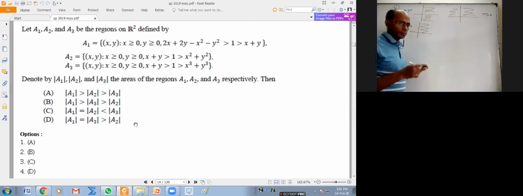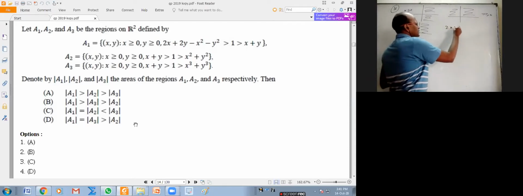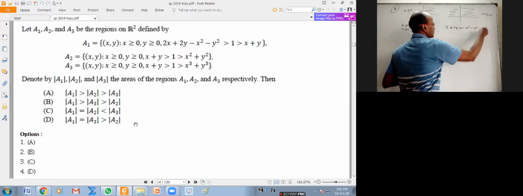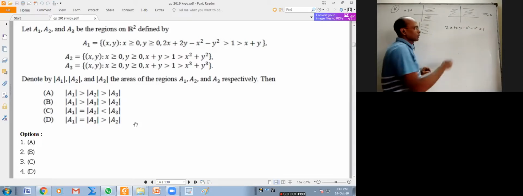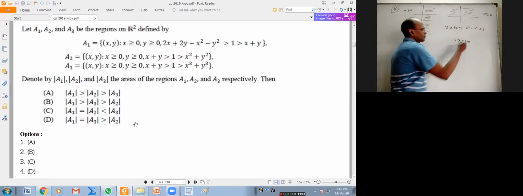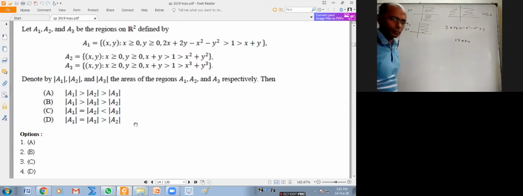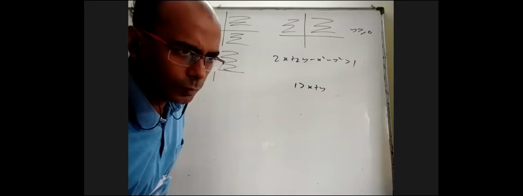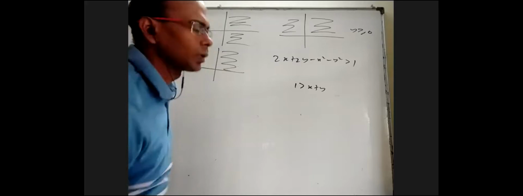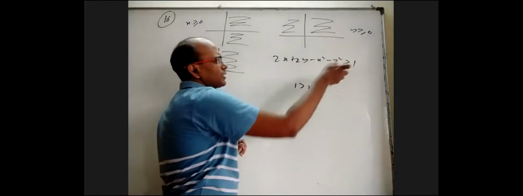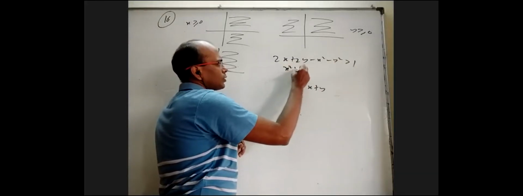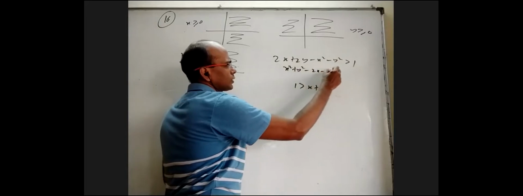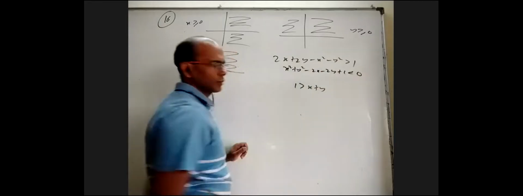Next, they gave some kind of inequality. I'm talking about A1. 2x plus 2y minus x square minus y square greater than 1. That is one thing. And 1 greater than x plus y. This one, if you send that side, you'll get x square plus y square minus 2x minus 2y plus 1 less than 0.